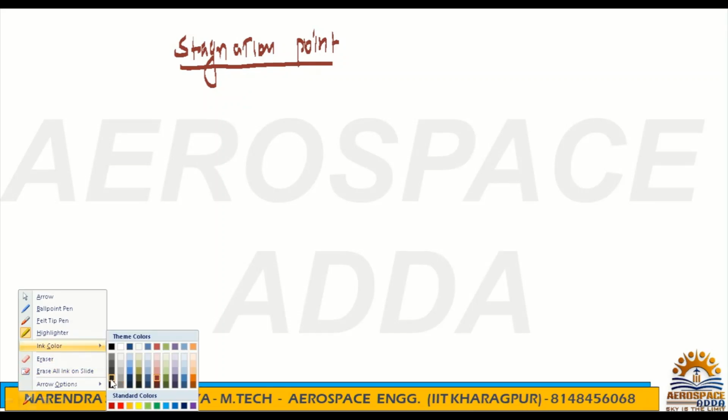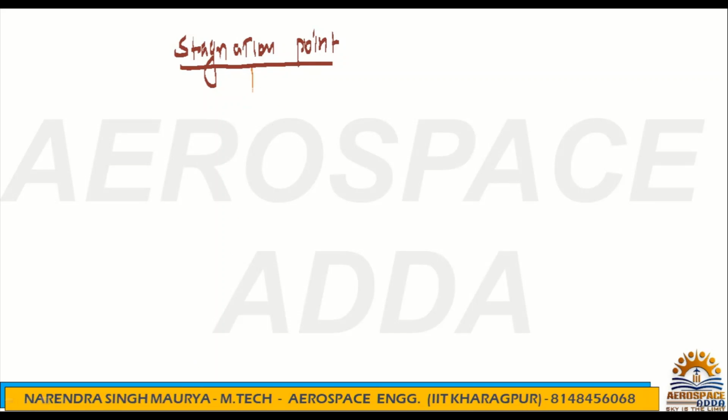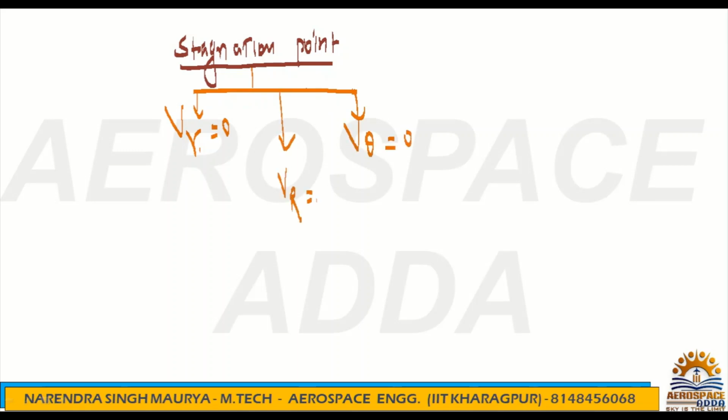All velocity: radial velocity will be zero, tangential velocity will be zero, resultant velocity is also zero. So totally you have to make it zero: radial velocity, tangential velocity, or resultant velocity.